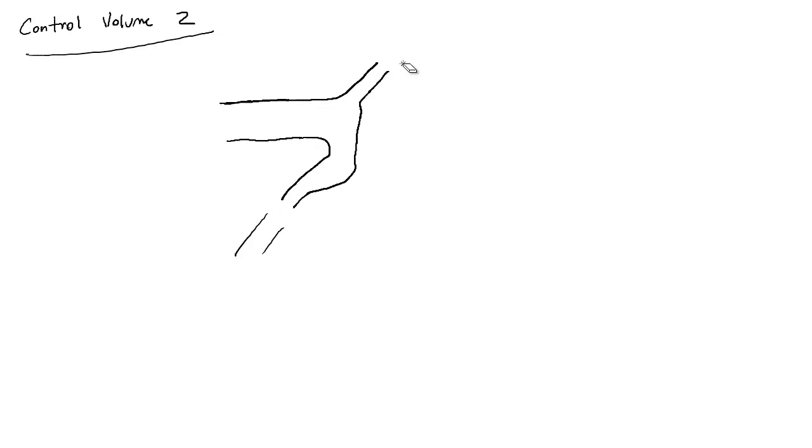But we're just going to look at this section of the pipe. Somewhere, somebody had to put some sort of bolt here to hold it. So I'm going to draw this particular setup right there. And now I'm going to start looking at the control volume.